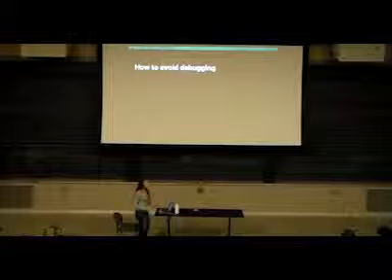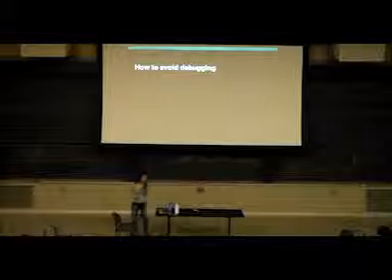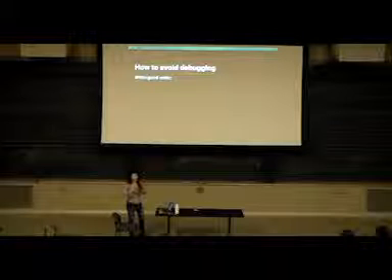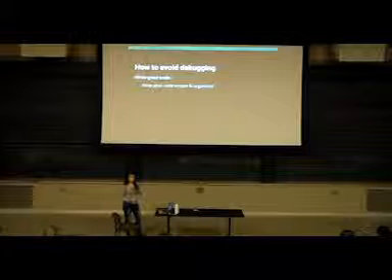So how to avoid debugging. Before I talk about what you can do to debug, I want to mention the things you can do to avoid getting yourself in that situation in the first place. Basically, you need to write good code. It's very abstract. What does good code mean? I'll use a few pointers that are kind of specific. You want to keep your code simple and organized.